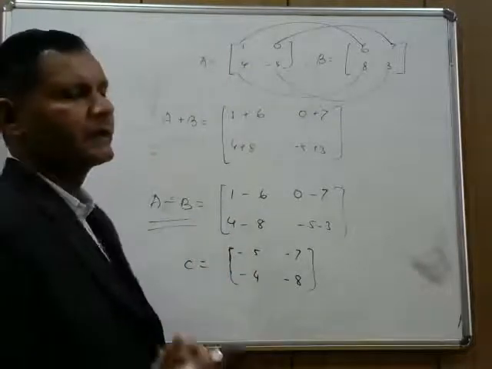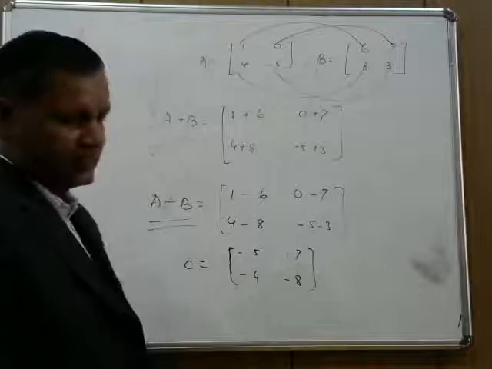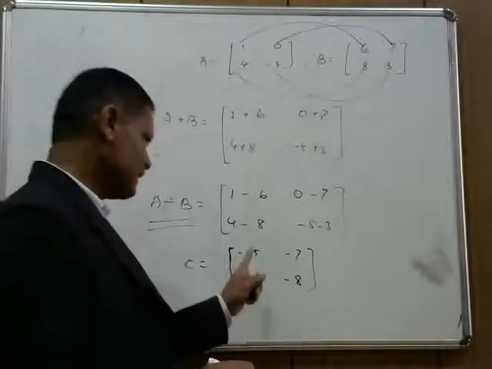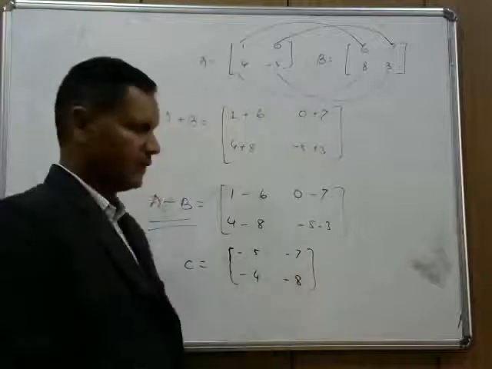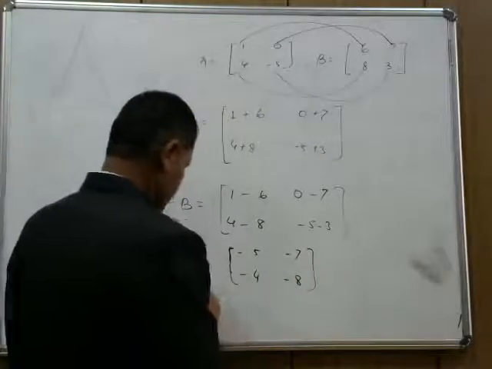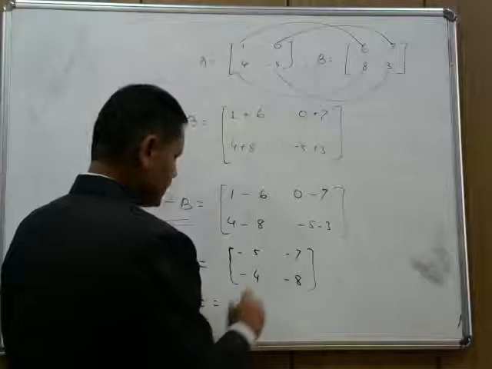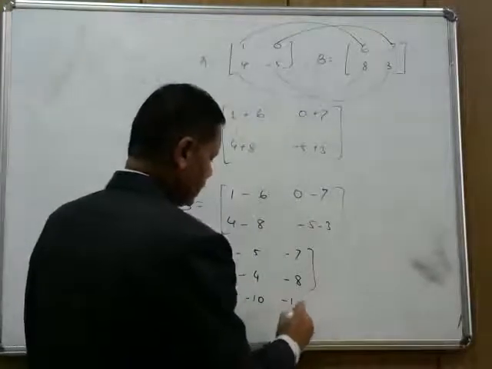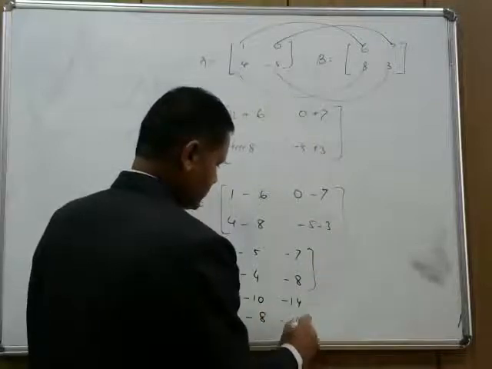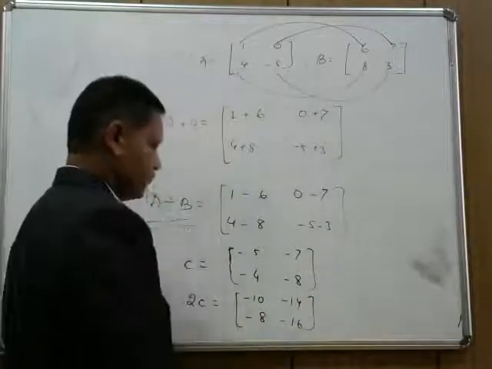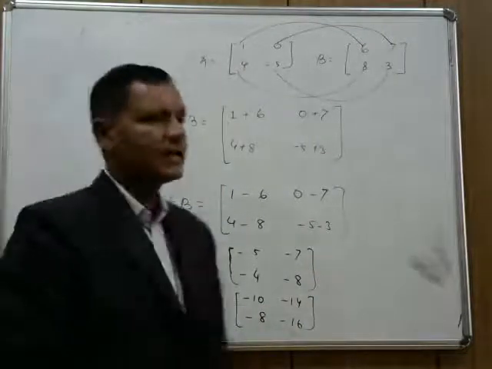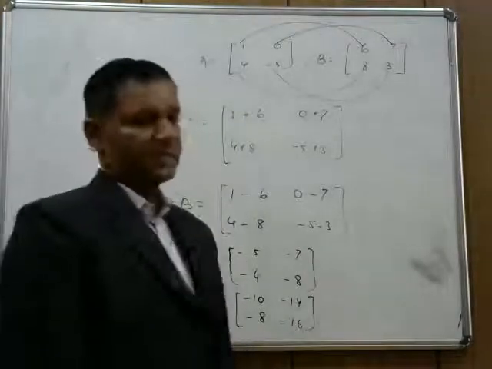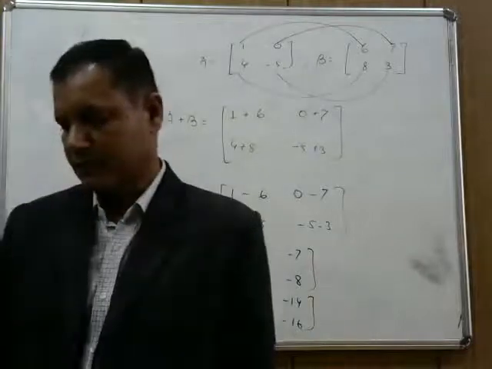Suppose I multiply it by 2. 2 is a scalar quantity, and 2 will be multiplied by each and every element. That means twice of C: 2 into minus 5 is minus 10, minus 14, minus 8 and minus 16. That is, 2 is multiplied to each element of the given matrix.